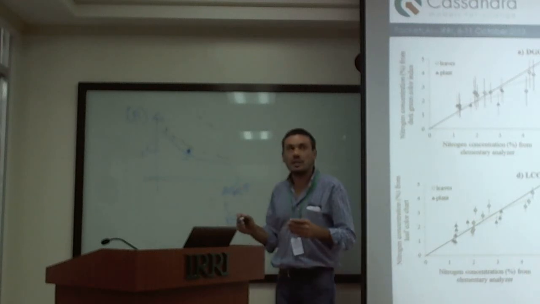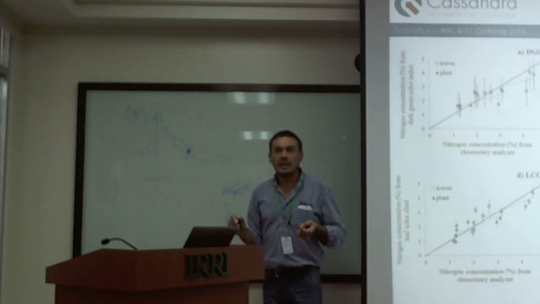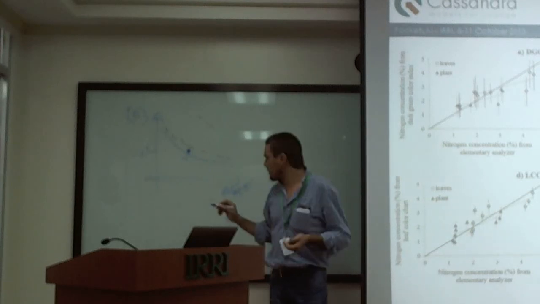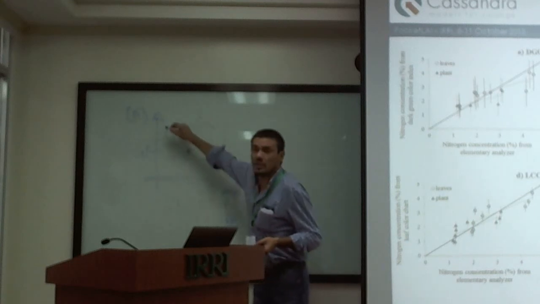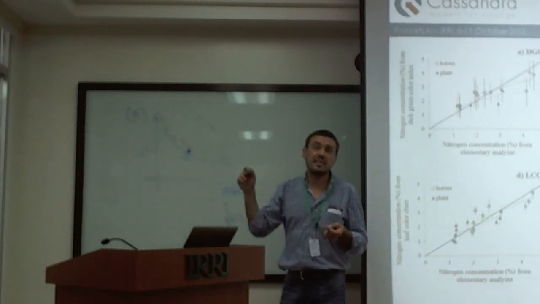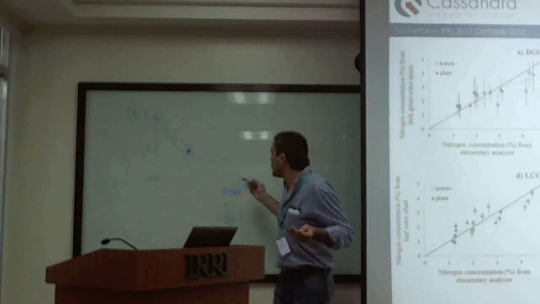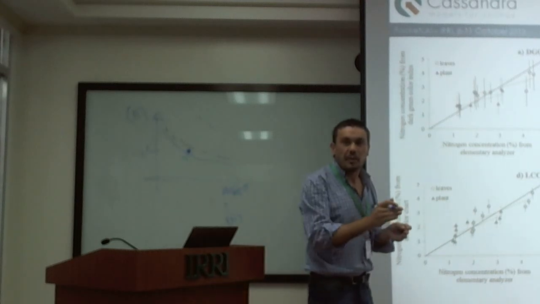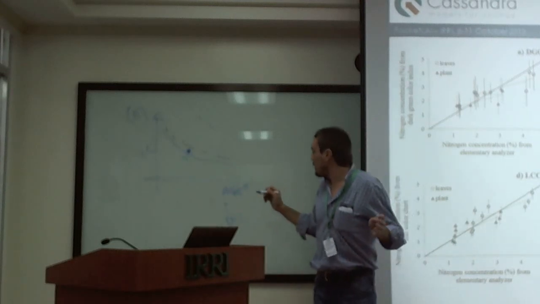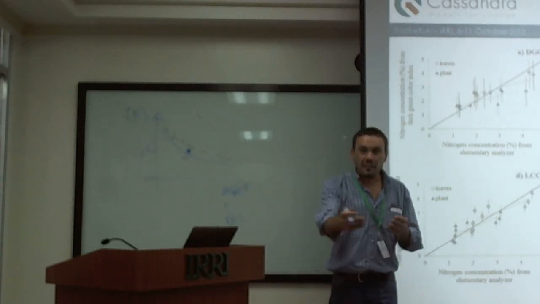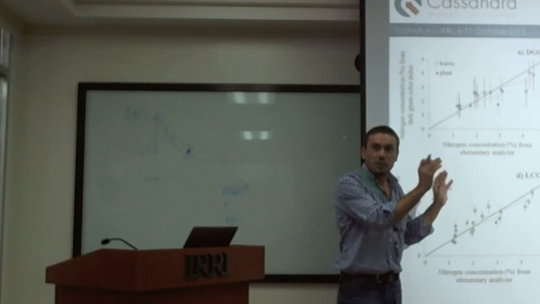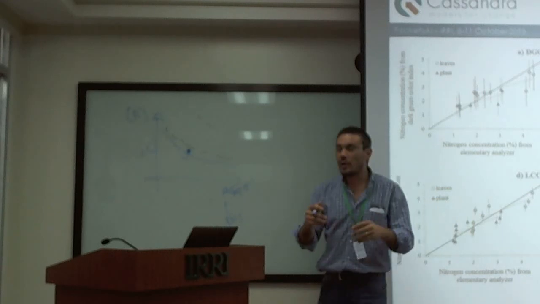Some in Denmark and also in the United States reproduce these curves based on development stage. But the development stage is difficult to determine directly in the field in an accurate way. Even the biomass, you have to harvest the plants, put them in the oven, dry them, and wait, and so on.